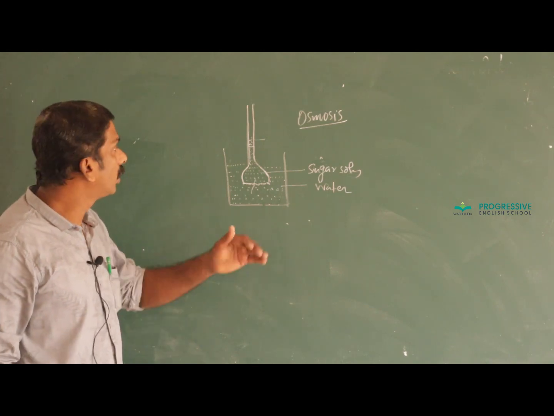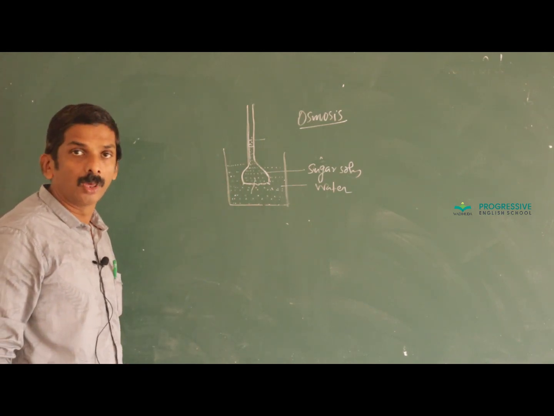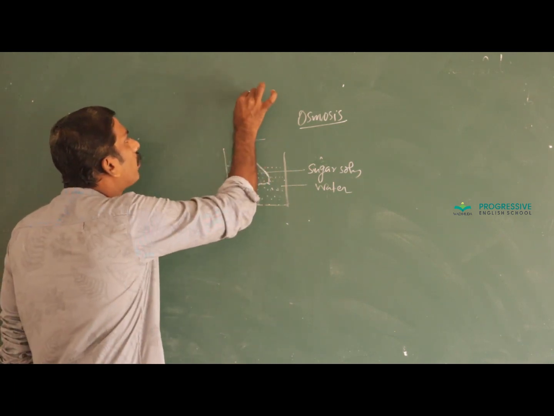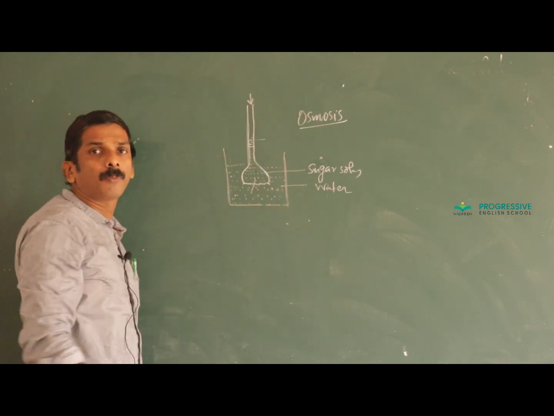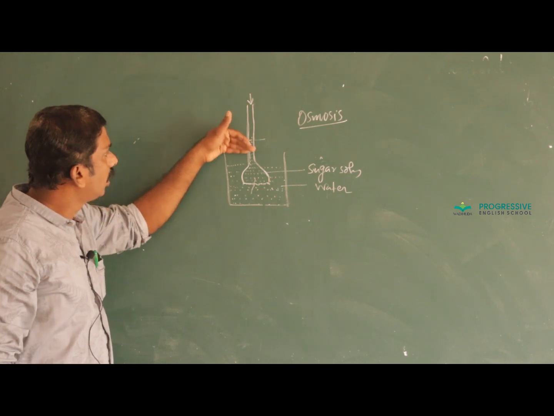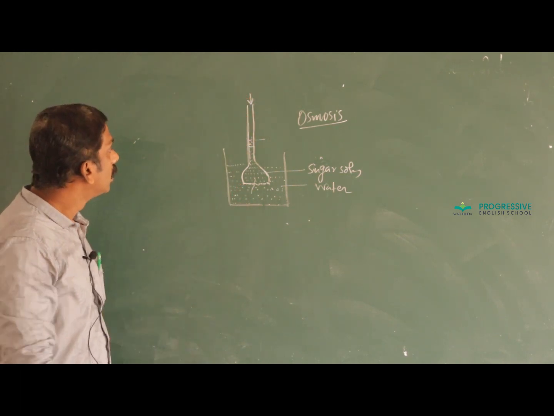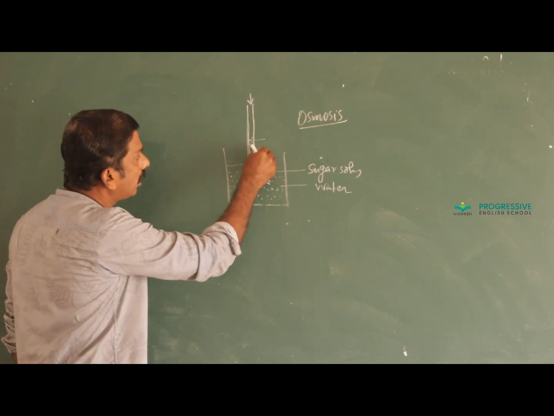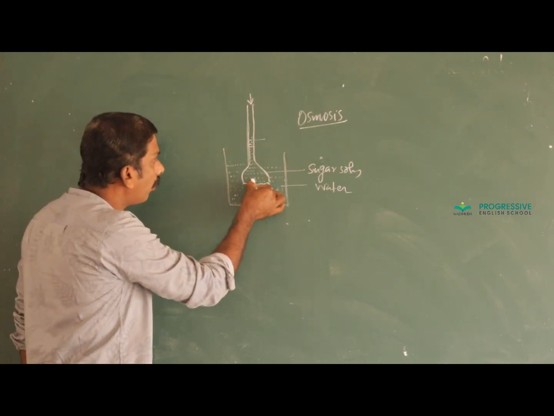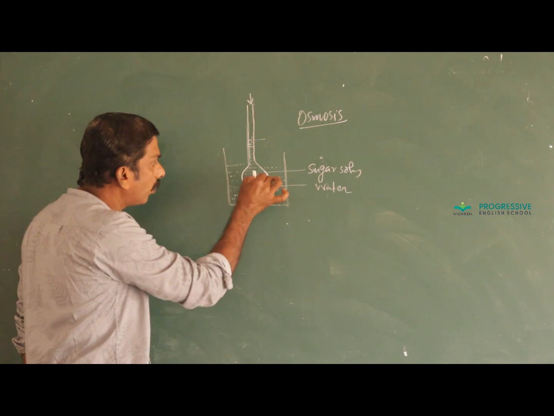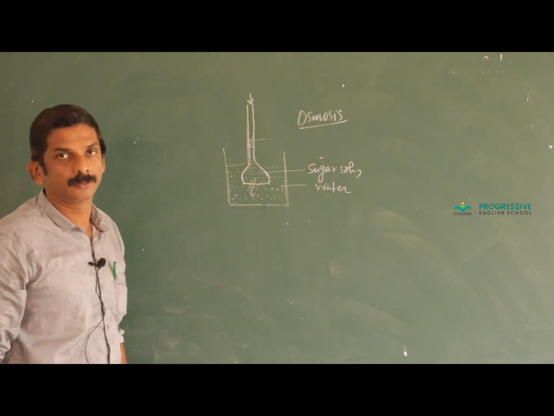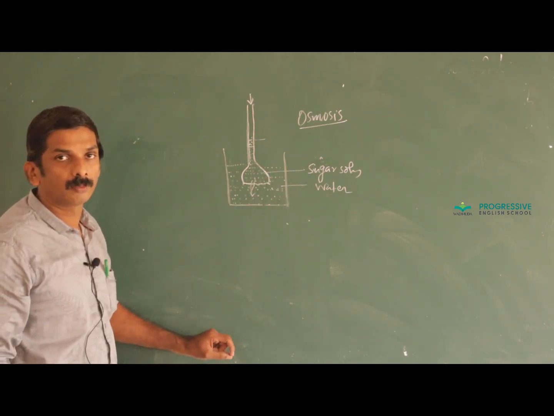Then we discuss the osmotic pressure. Suppose we apply an external pressure on the solution side, what happens? Pure solvent from the solution passes through the semi-permeable membrane into the beaker. Clear?